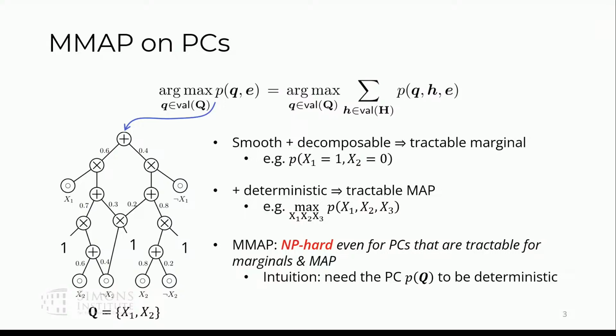If you look at this sum node for a value of x2, if x2 is false, both of the inputs to that sum node will be non-zero. So this is no longer deterministic, and we cannot compute the marginal map query for this query set in linear time.